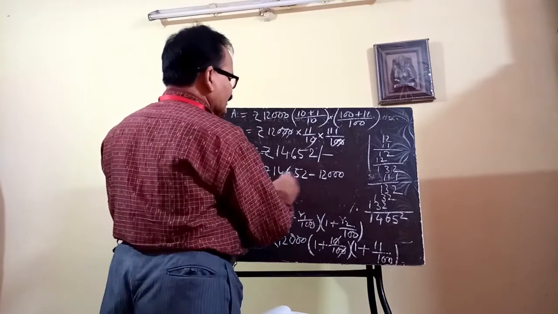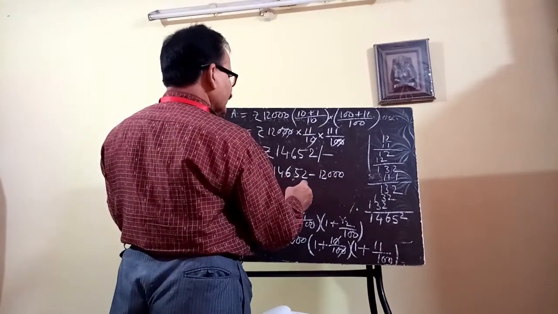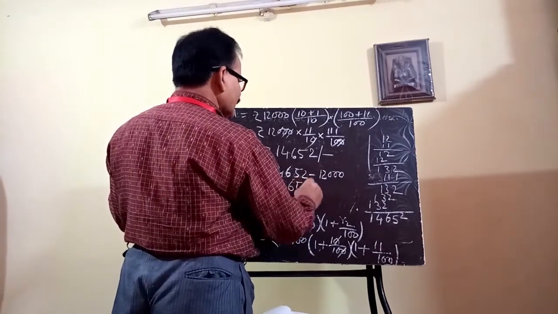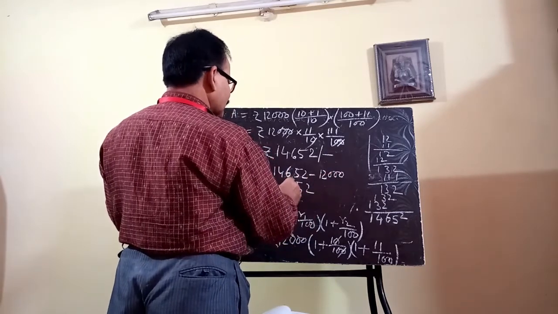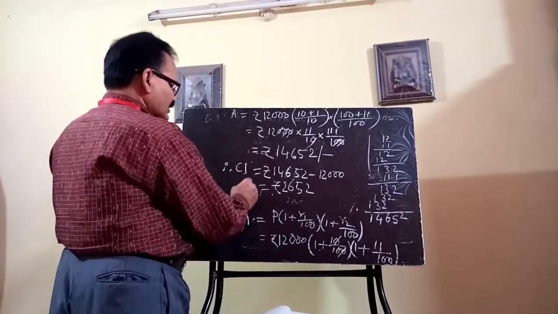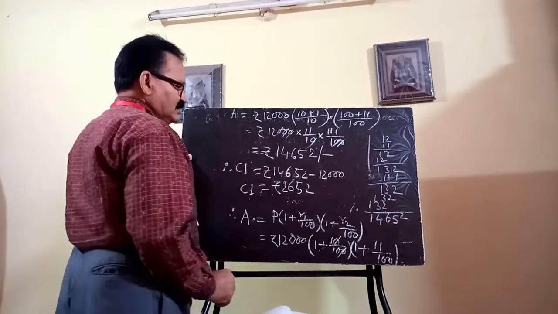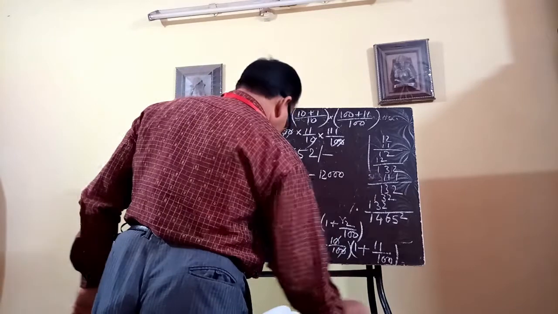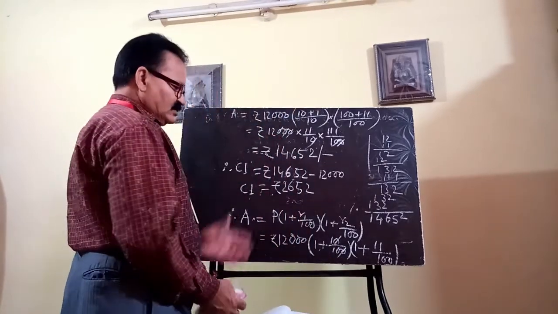So after subtracting, what will you get? You will get 2652 rupees. This is your CI. Of course, in this question it was not asked, so you can do it.